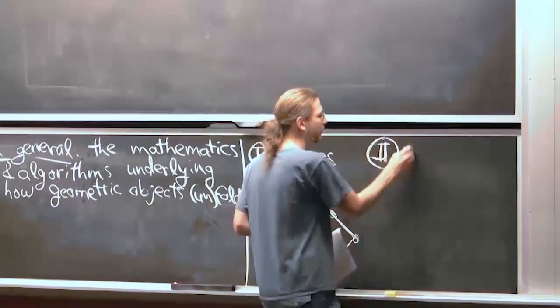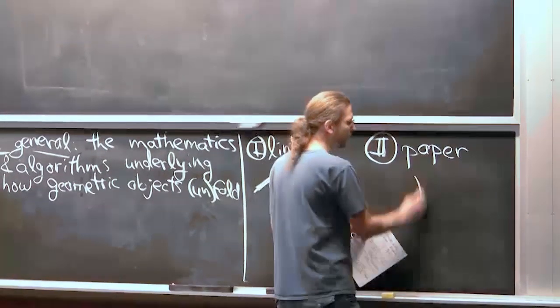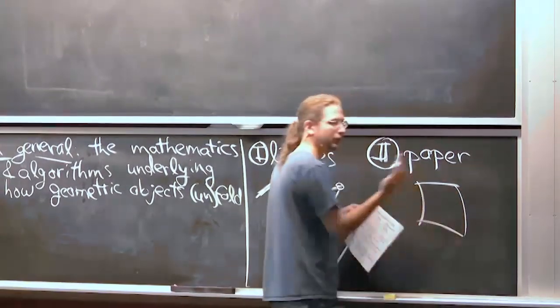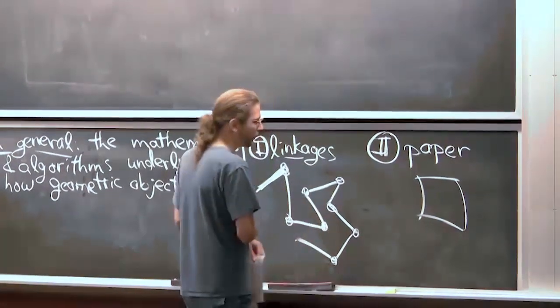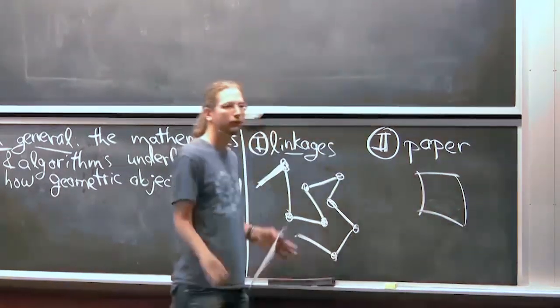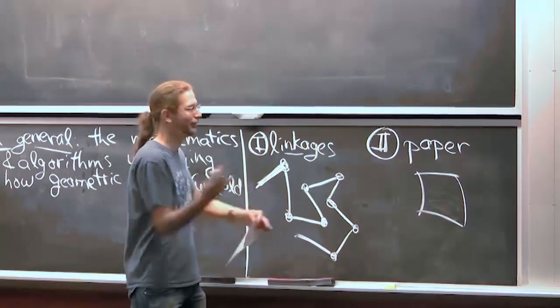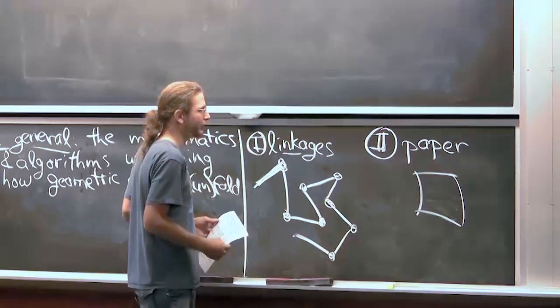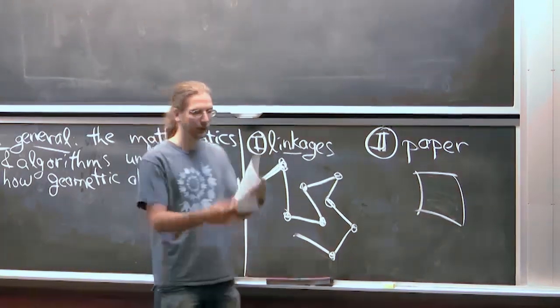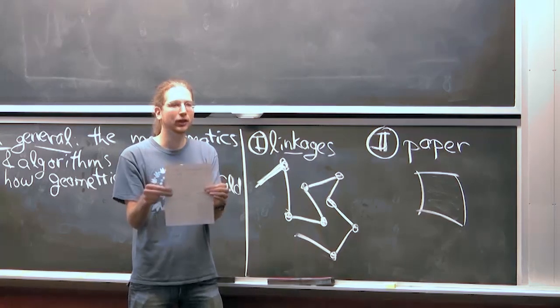One dimension up, we have sheet folding, which we usually refer to as paper folding. But it could be sheet metal, anything. You have your sheet of material, and you want to fold it into things like origami, like space stations, like telescope lenses, whatever. General rules here, like this piece of paper: you cannot stretch the paper, it can't get any longer.